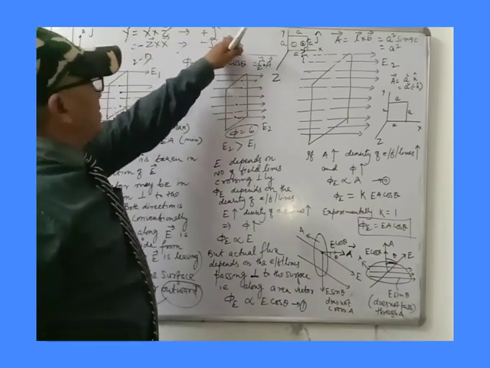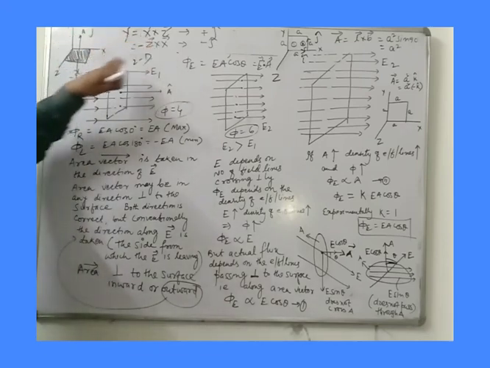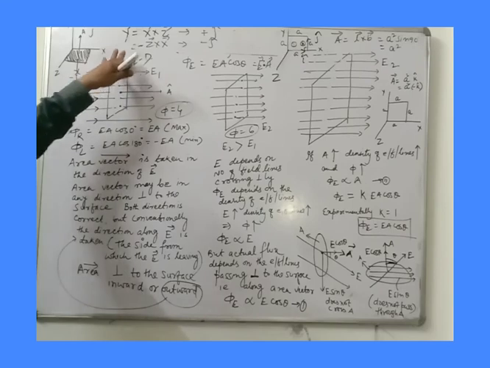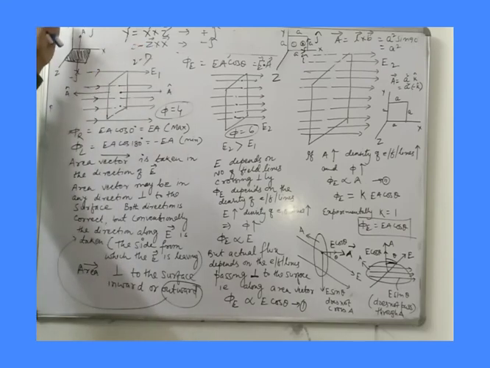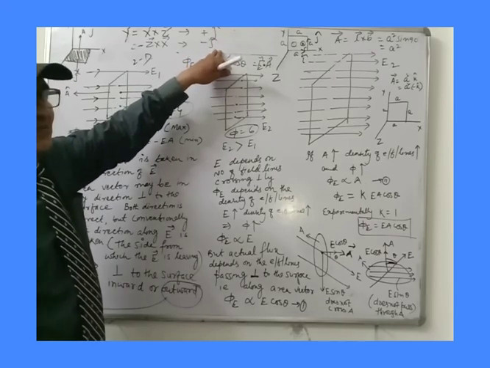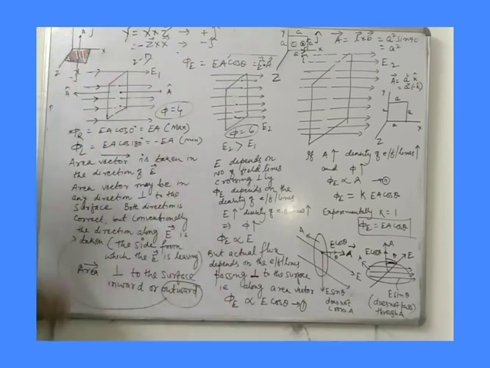It shows that the direction of the area vector, obtained by the cross product of length and breadth, the cross product of x and z, will be perpendicular to the surface, along plus j cap or minus j cap, either upwards or downwards. I have shown here.